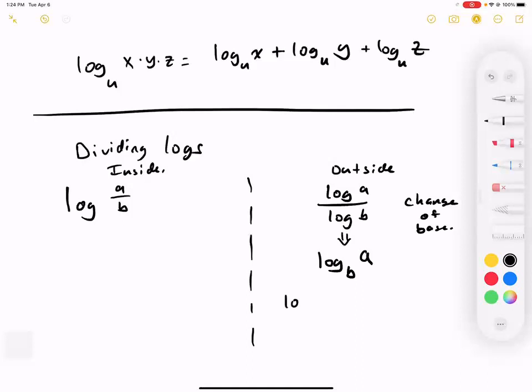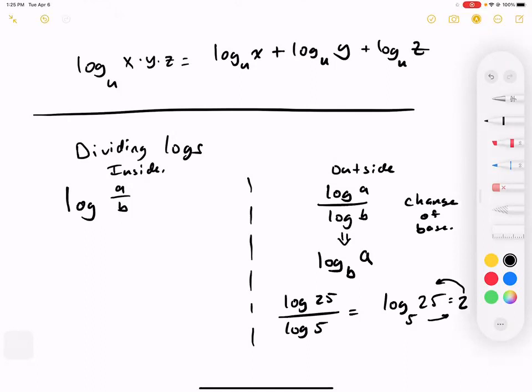If I write log of 25 divided by log of 5, this can be rewritten as log base 5 of 25. Now, can I simplify? What exponent of 5 gives you 25? Circle of logs: 5 to the second power gives you 25. So the exponent here would be 2. That might not have been obvious until I rewrote it.